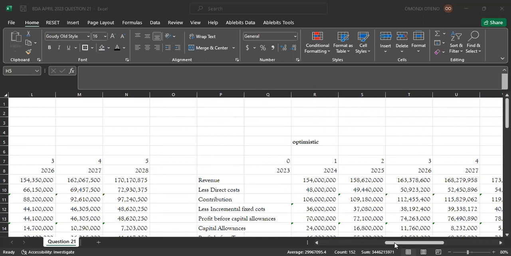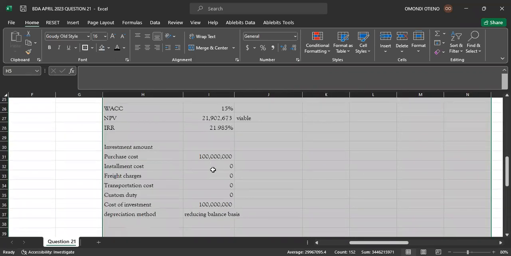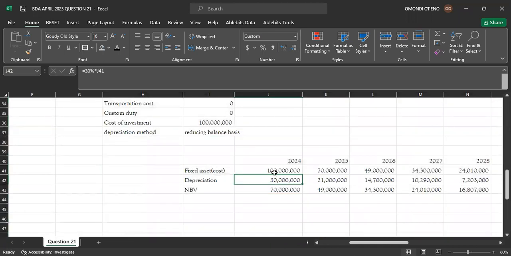If you did these things the way I was doing them, without locking, remember I've not mentioned anything to do with locking the cell today. If you did these things without locking, just look at what I have. I did not lock any cell.